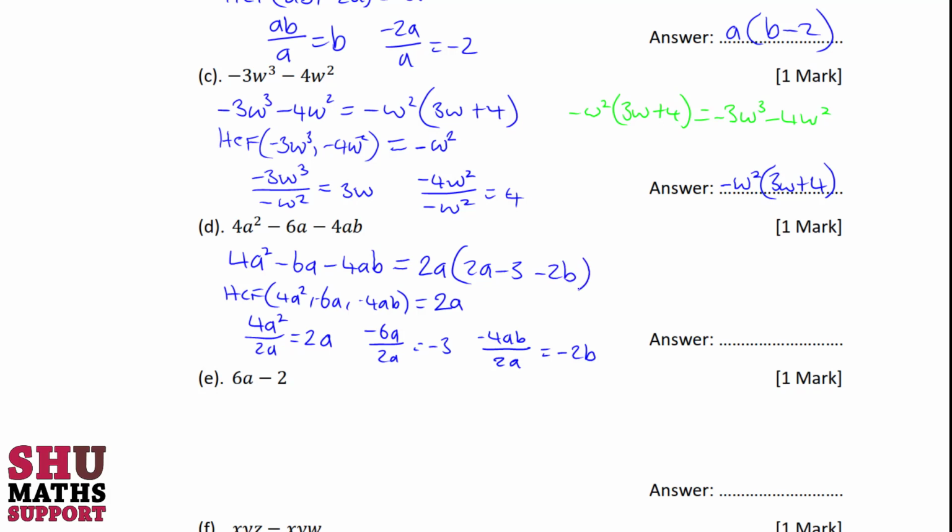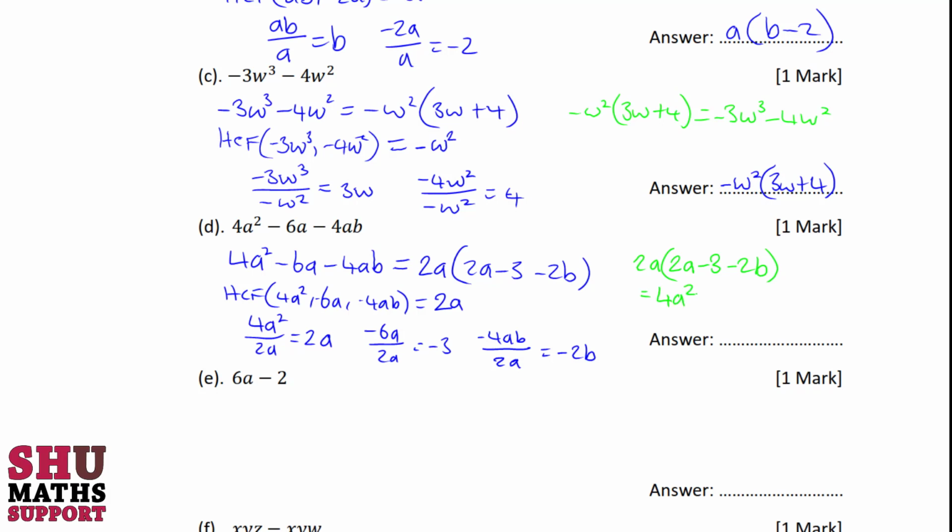And then let's just double check this. So we have 2a times by 2a minus 3 minus 2b. So we have 2a times 2a, so we have 2 times 2, which is 4, and a times a, which is a squared, so we have 4a squared.